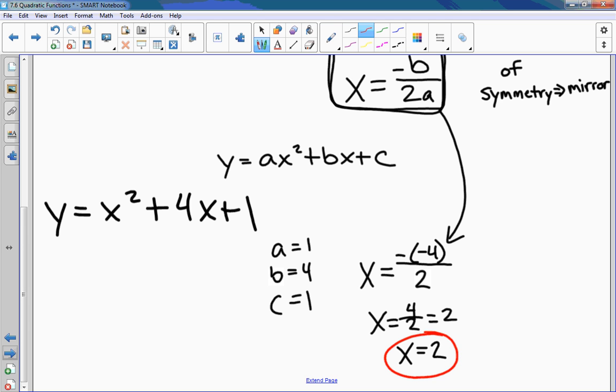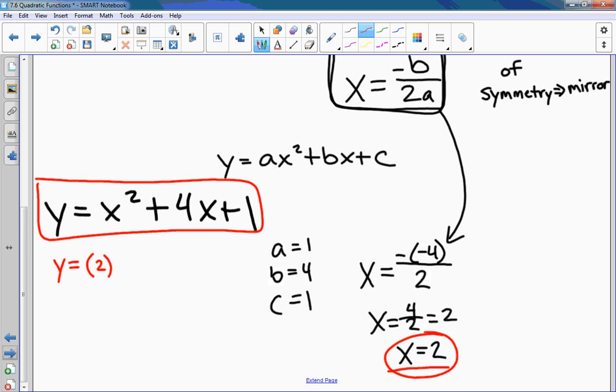How am I supposed to find the y value if I only know the x value? Well, looking at this equation, I could plug in that x equals 2. If y is equal to 2 squared plus 4 times 2 plus 1, I get y is equal to 4 plus 8 plus 1, and I end up getting y equals 13.